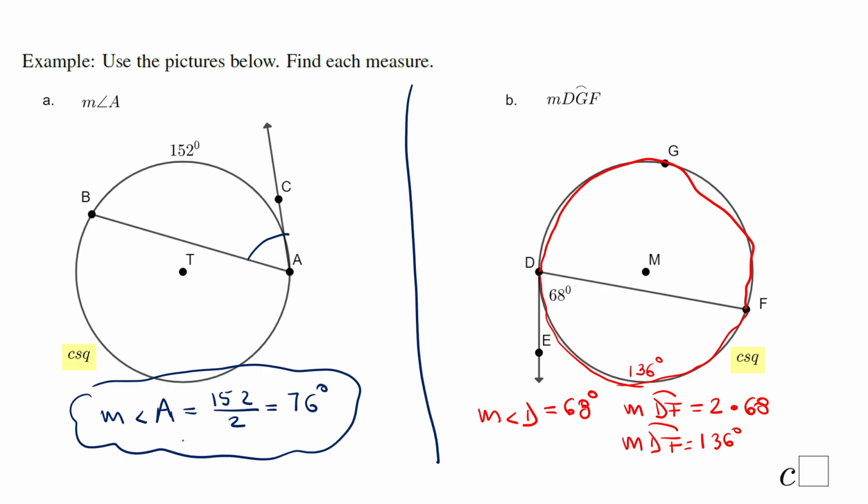So we have to do one more step to find the measure of the arc DGF, this arc. We just have to do 360 degrees, the whole circle, minus 136, the minor arc.